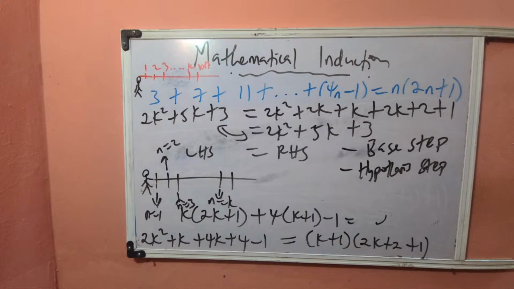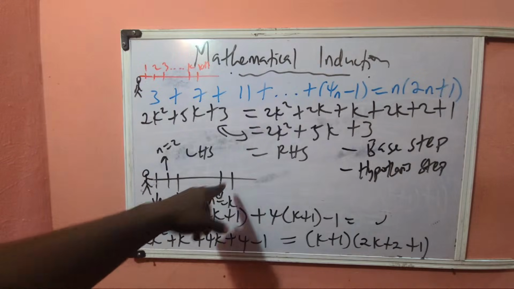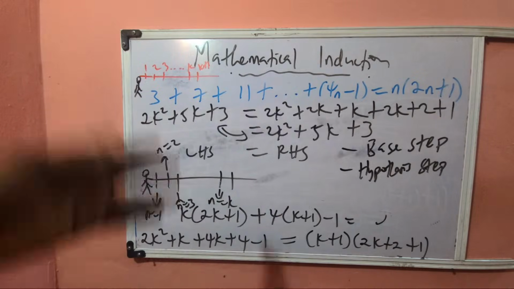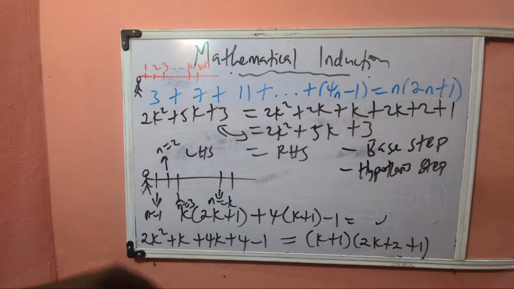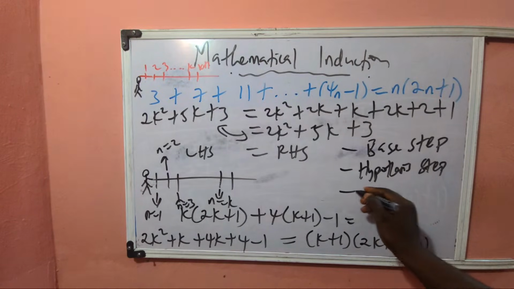That's the second step. Then, to put the final nail on this, to be very sure that this particular carpentry work is true, you ask, after that kth term, are you sure it will still work? That's what we call the inductive step.